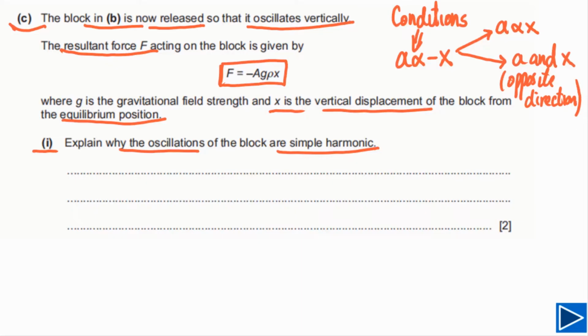But this is also true if you look at F is equal to ma, resultant force is equal to ma. If mass is constant, then F is also directly proportional to a.